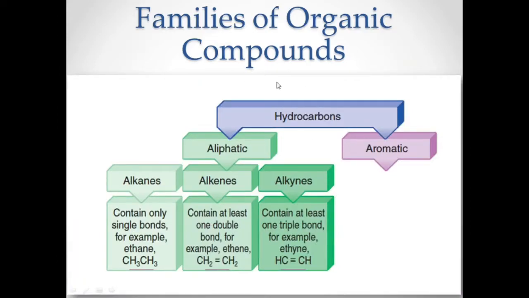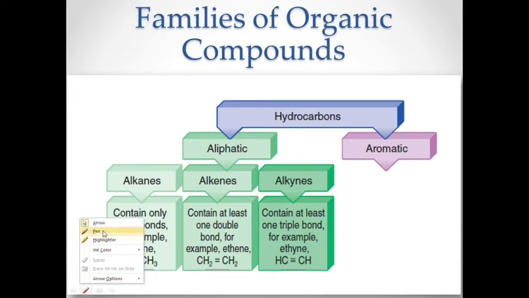so let's take a look at our summary for the families of hydrocarbons. We have two types of hydrocarbons: aliphatic and aromatic. For aliphatic, our examples are alkanes, alkenes and alkynes. For aromatic, these are substances that contain a benzene ring.